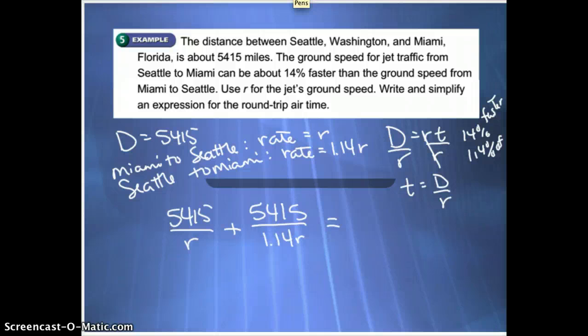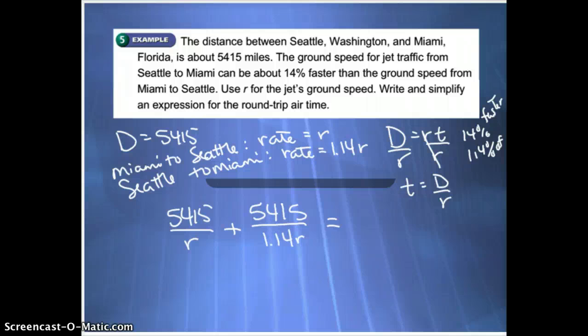All right, so you need to get a common denominator again. R and 1.14 R. You probably would pick 1.14 R, but I don't like having a decimal inside my fraction because that's not mathematically normal. So I would probably actually try to get these both to a common denominator of R. That'd be my personal preference this time in this situation.